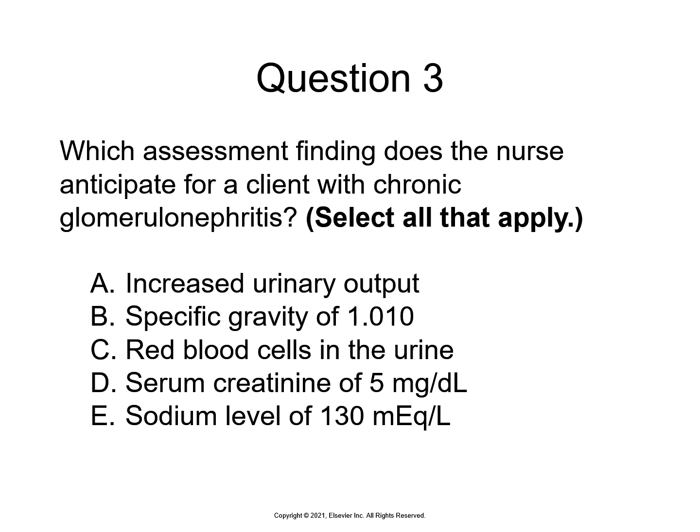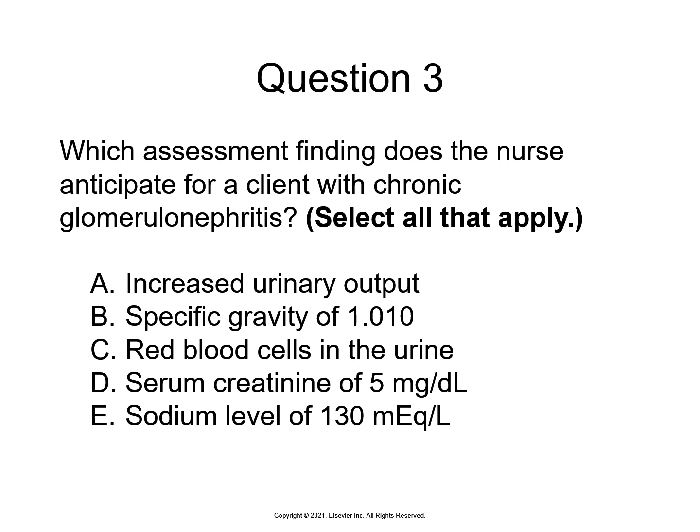Would they? No. Decreased. What about their specific gravity? What would it be? 1.010? Nah, that's dilute. Red blood cells in the urine?